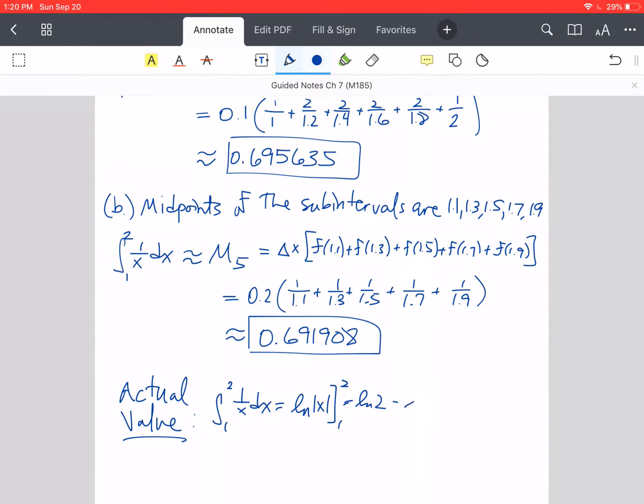So that's ln of 2 minus ln of 1. ln of 1 is just 0. So this is ln of 2, which is approximately 0.693147.